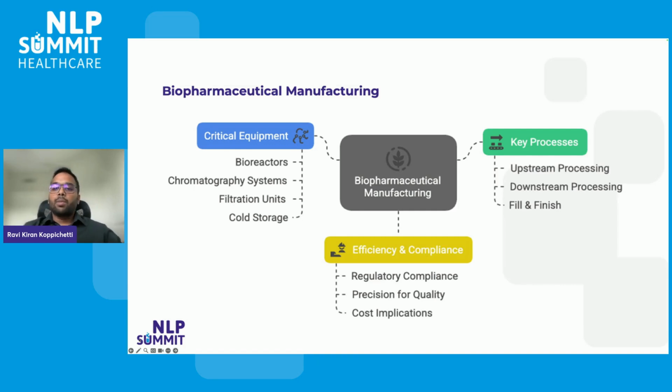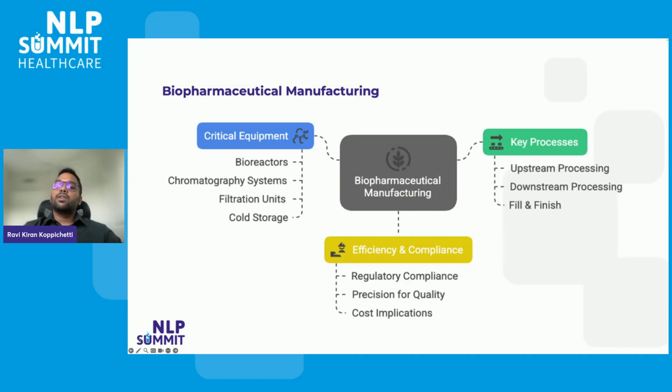Moreover, compliance with regulatory requirements is vital for our success. Regulatory bodies such as the FDA and EMA mandate adherence to good manufacturing practices, GMP standards, to safeguard product safety. Any deviations from these stringent guidelines may result in severe financial and reputational repercussions, and we don't want that to happen, right?